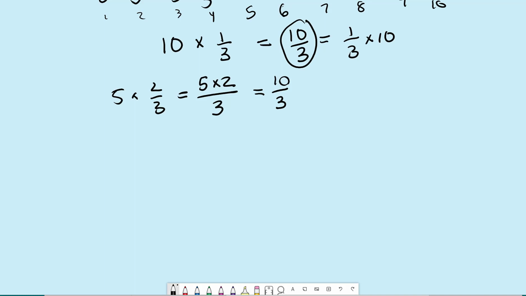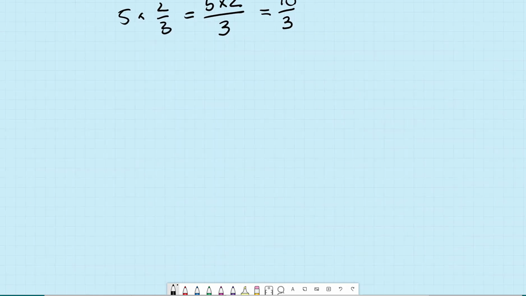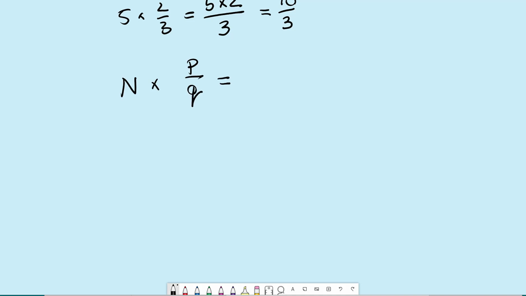Can we write this in a general format like we did previously? Yes, we can. If we have n times, let's write this as a new fraction as p divided by q, right? We can also write this as n times p divided by q, or as p divided by q times n. Here, I use the dot, but we should really use the multiplication symbol.